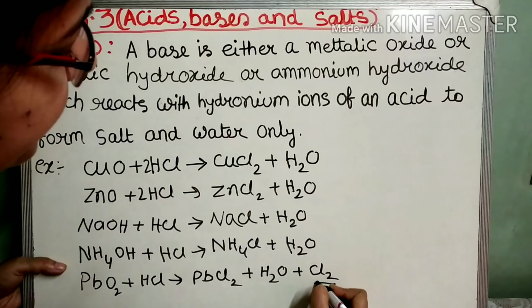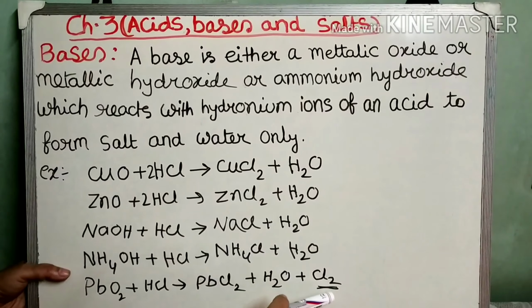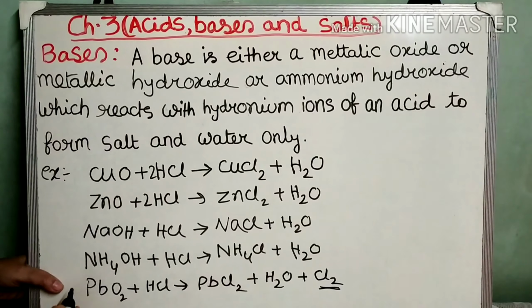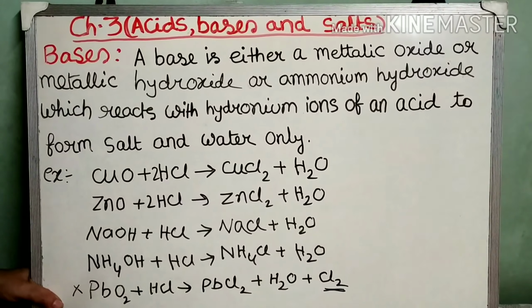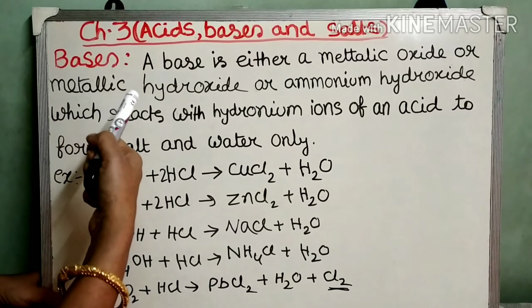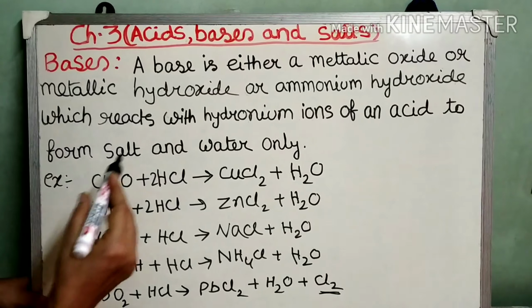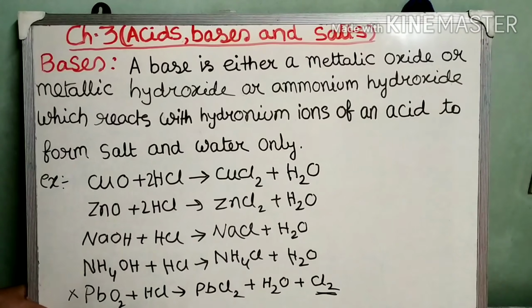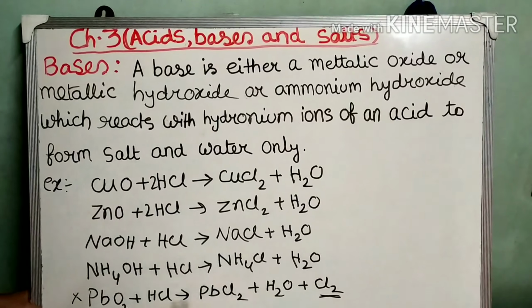This means another extra substance is formed. So PbO2 is not considered a base, as a base when reacting with acid only forms salt and water. So PbO2 plus HCl gives PbCl2 plus H2O plus Cl2.